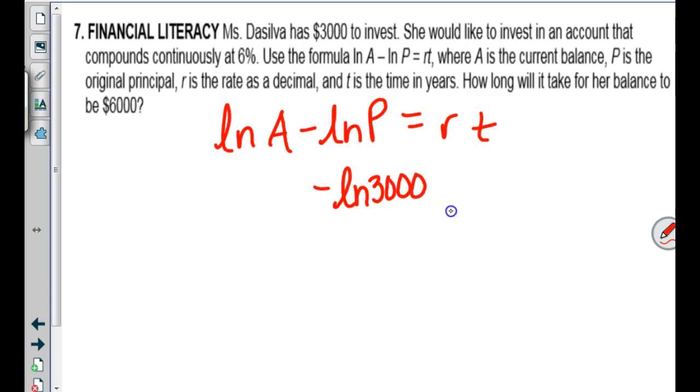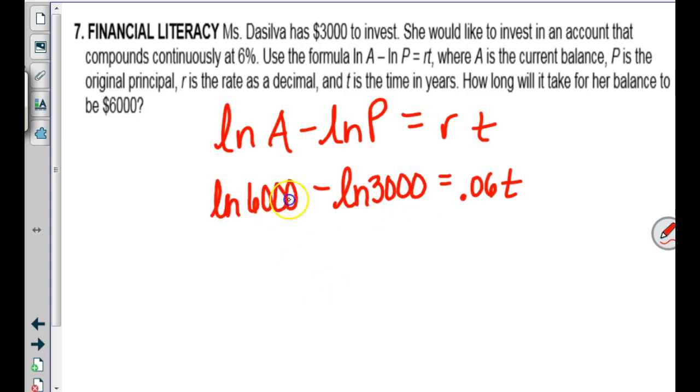And what else do we know? Okay, so where would that go? We'd put 0.06, good job. It says how long, so we're looking for T, right? Yep, for her account to grow to. So that's the future value she wants.